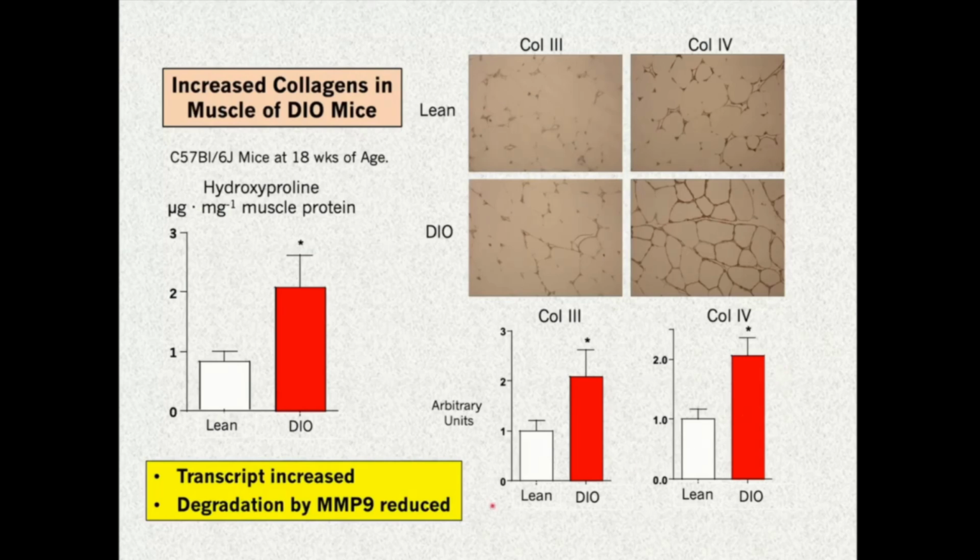This increase occurs for 2 reasons. There's an increase in the transcription of the collagen chains, but also there's a reduction in MMP9, which is one of the primary enzymes which breaks down matrix proteins, collagen specifically.